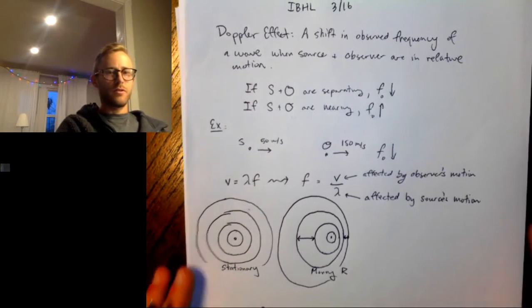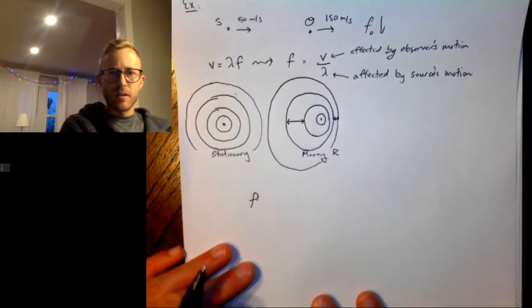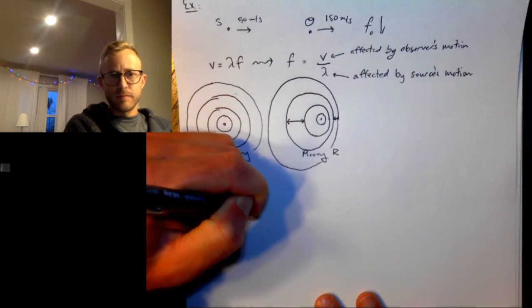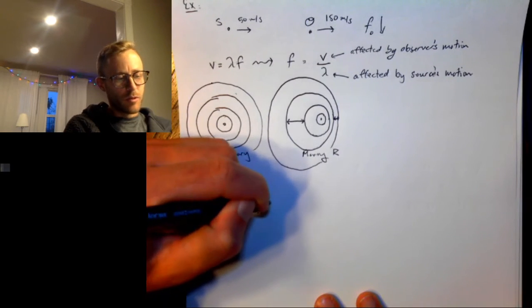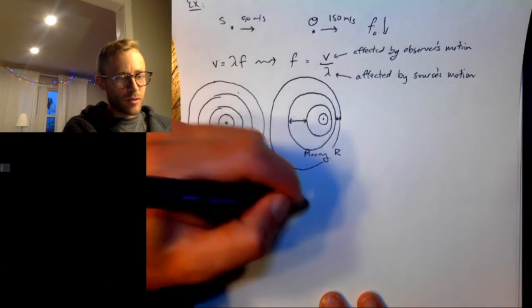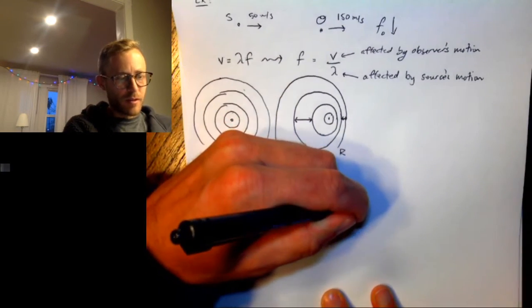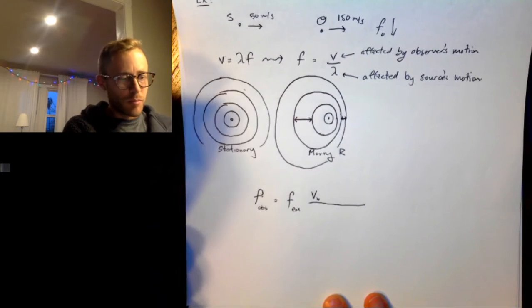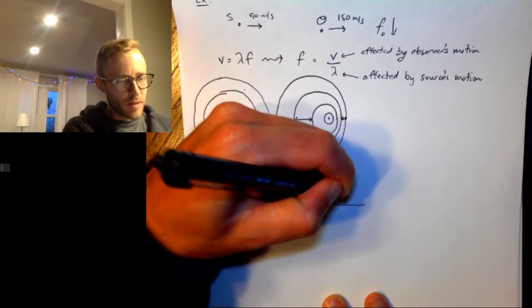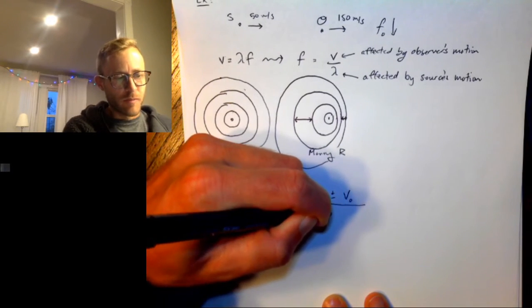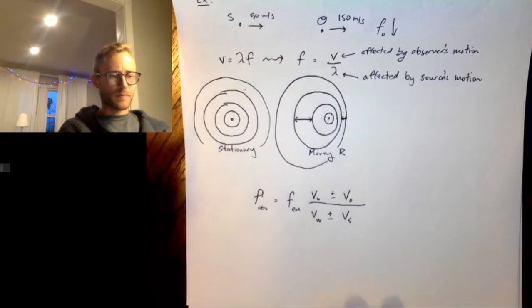So let me shift a piece of paper. The observed frequency is equal to the emitted frequency times the quantity velocity of the wave plus or minus the velocity of the observer, divided by the velocity of the wave plus or minus the velocity of the source.